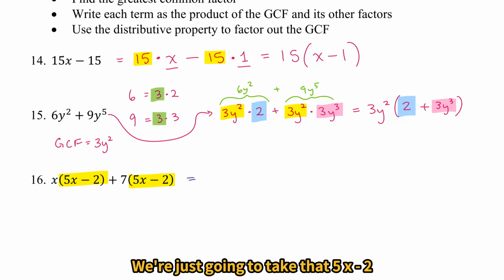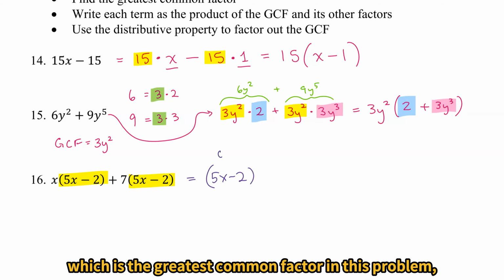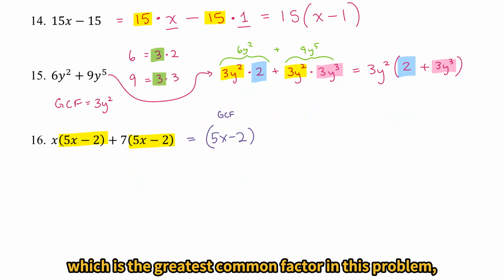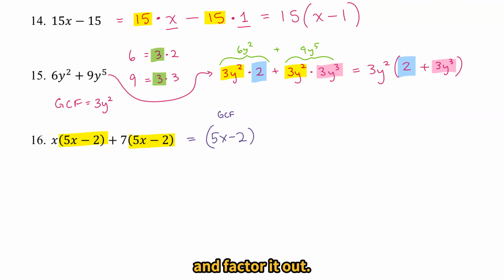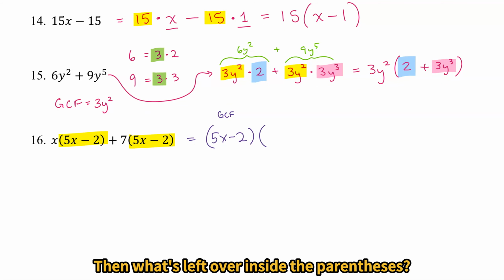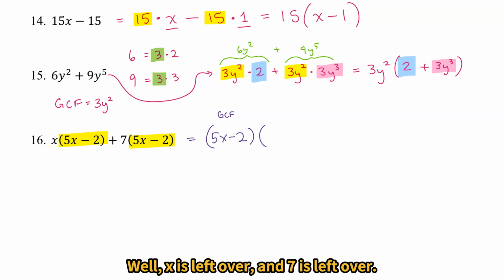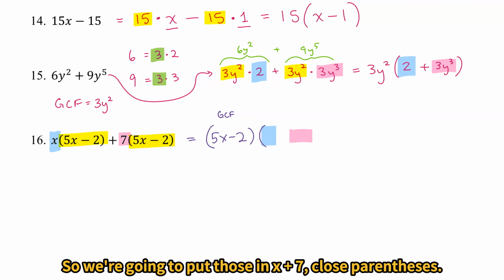We're just going to take that 5x minus 2, which is the greatest common factor in this problem, and factor it out. Then, what's left over inside the parentheses? Well, x is left over, and 7 is left over. So we're going to put those in. X plus 7, close parentheses.